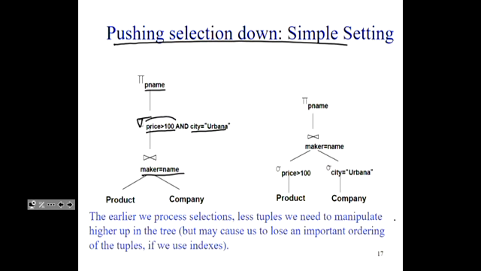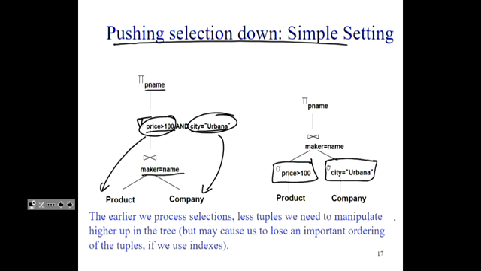Then I know that price applies to product and city equals Urbana applies to company, so I can push those selections down. So I have pushed this down and I have pushed this down such that the amount of tuples that result at the end of these two operations is a lot less, right? And therefore the join is going to be cheaper and the projection is going to be cheaper. Both of these are going to be cheaper afterwards.